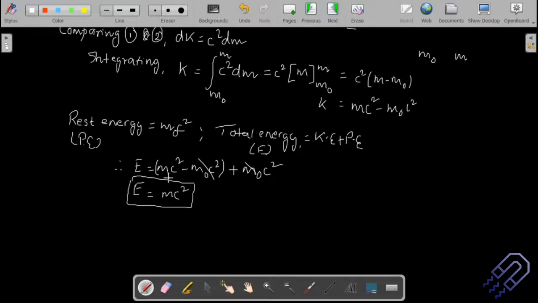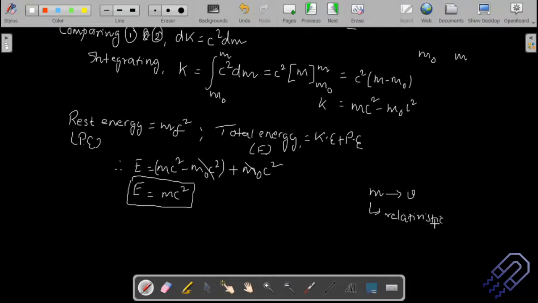Of course we can write it down in terms of rest mass by using m naught by root over 1 minus v square by c square, but here we are saying that this is the relativistic mass. Now we know what is the difference between relativistic mass and normal mass. In general, whenever we write down m, and if the body is moving with some velocity, this value is always relativistic mass.